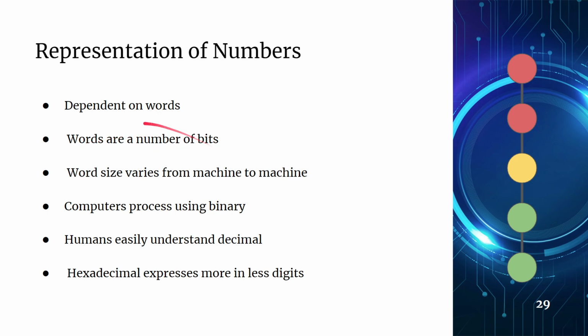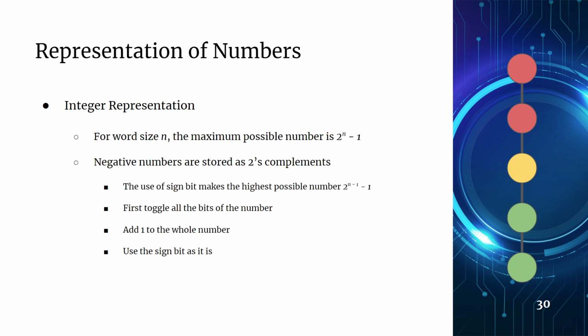The number of bits is heavily dependent on the system architecture you are using. That's written over here: it varies from machine to machine. Computers process binary, humans easily understand decimal, and hexadecimal expresses more in fewer digits. So here are the 3 number systems that we use, and here is the concept of words, which you will learn about in brief in later courses.